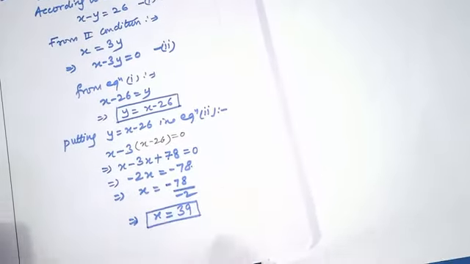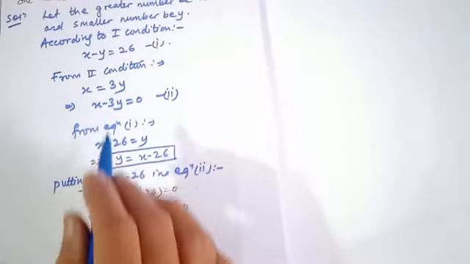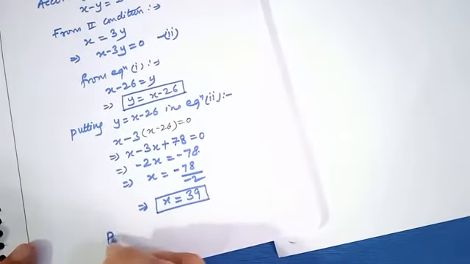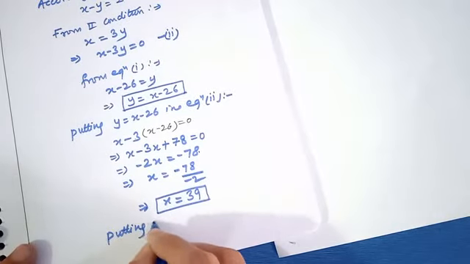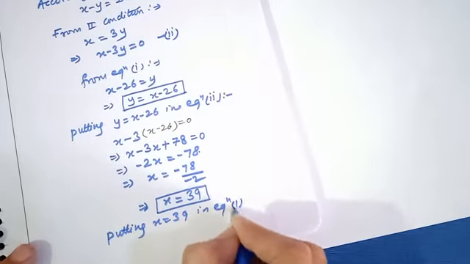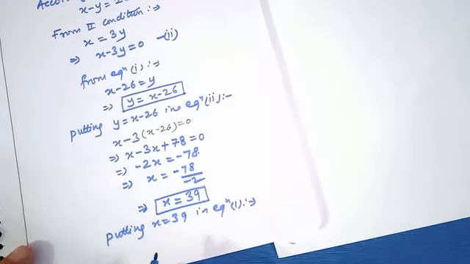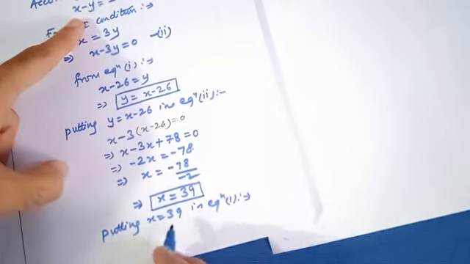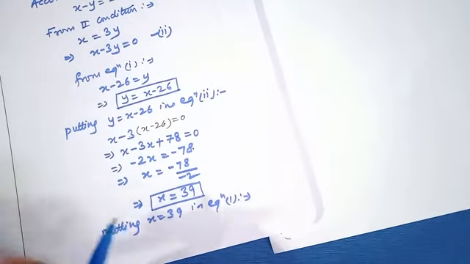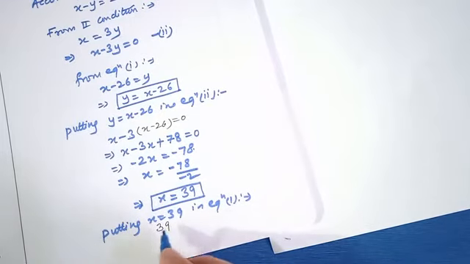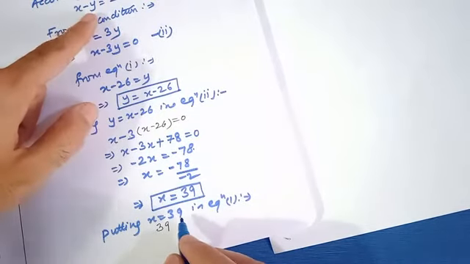Now we will substitute this value of x in our first equation. Putting x equals 39 in equation 1 to find y, in place of x we write 39 minus y equals 26.